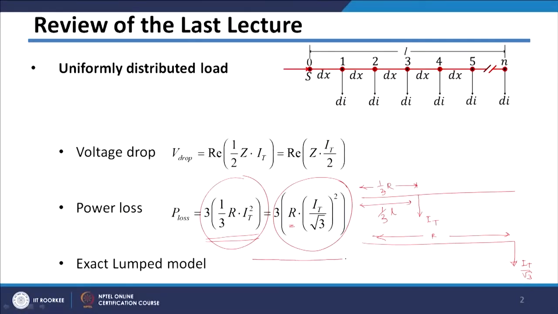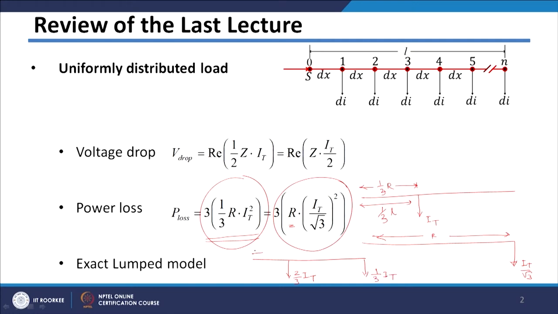And then after that we derived one more model where loads can be lumped at two different locations, and if we calculate power loss as well as voltage drop from that model, it will come out accurate. That model is the exact lump model, where we can model the loads at two locations. Here we need to lump 2/3 of IT, and here the remaining 1/3 of IT.